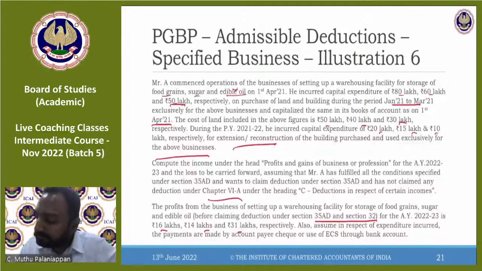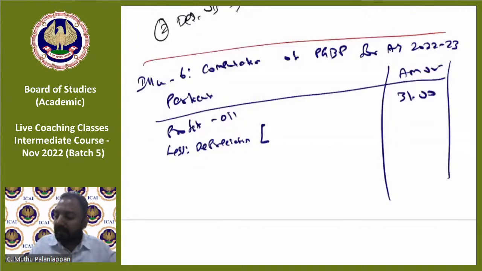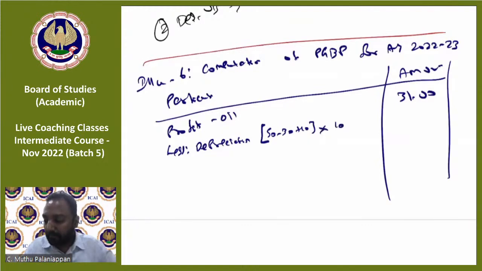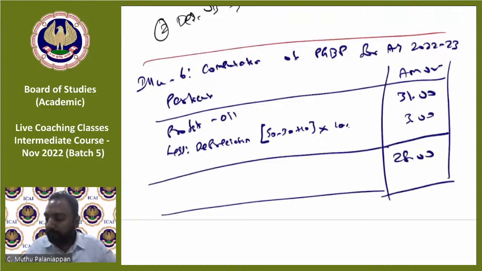Out of that, 30 lakh is land, so that is not considered. So 50 minus 30, then incurred capital expenditure for reconstruction of building, so this 10 is also included. So 50 minus 30 plus 10 into what percentage? It is commercial building, so it is 10%. So 20 plus 10, 30. So you get 3. So it is 28. So that is your PGBP.